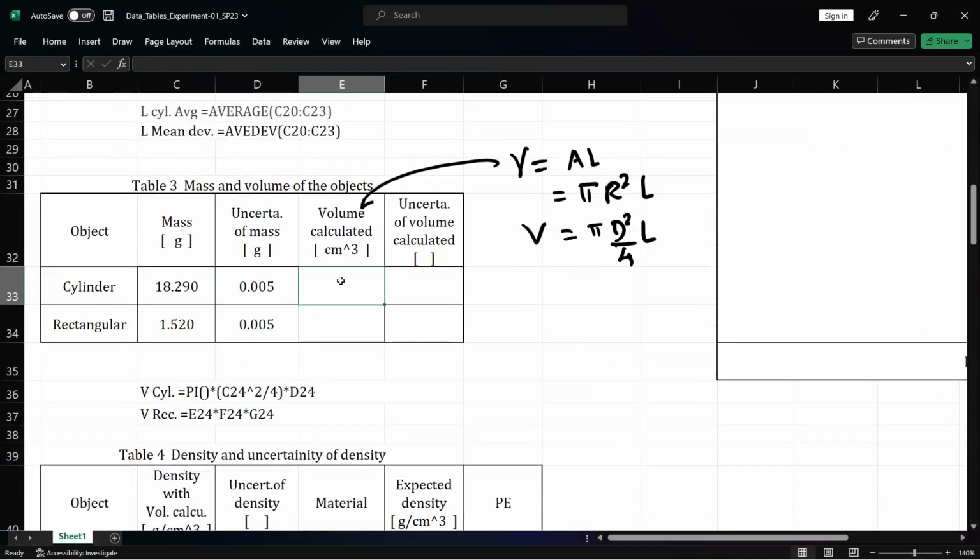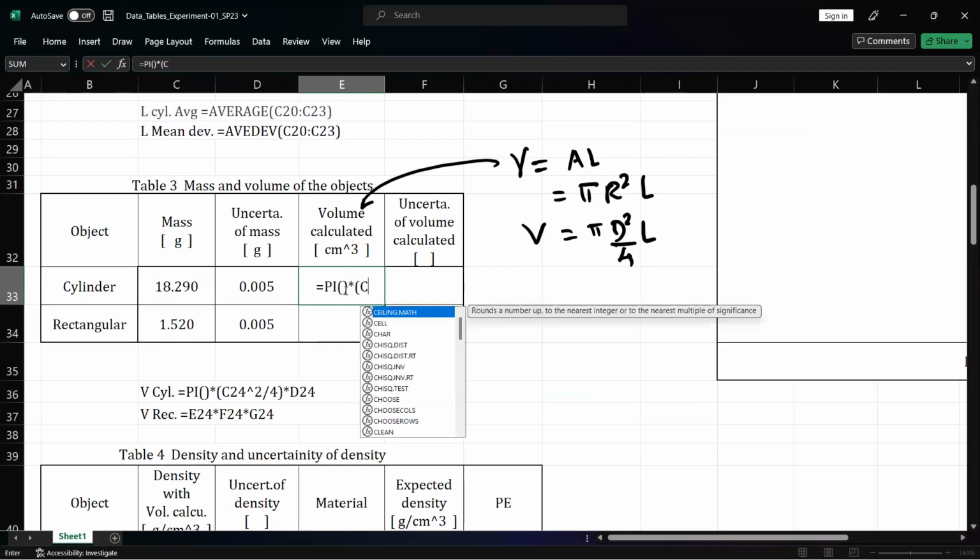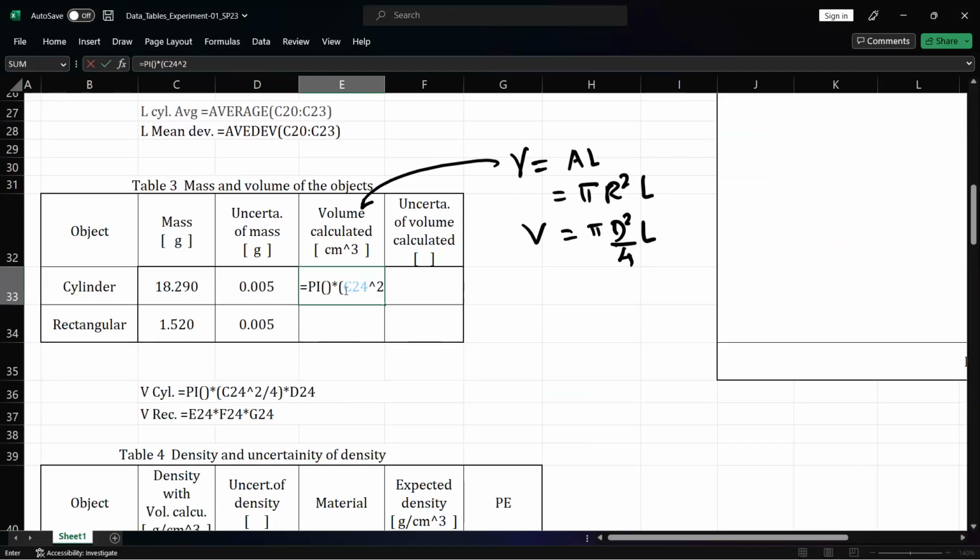Let's calculate the volume. The cylinder is pi r squared times L. Since we measure the diameter, it's going to be pi d squared over 4 times L. The function is right here: equals pi, open and close bracket is the command for pi, right? So multiply by parentheses C24 to the power 2, divide by 4, times D24.